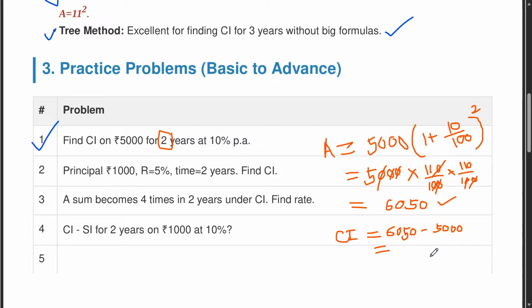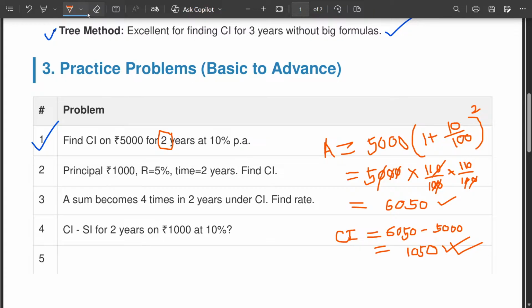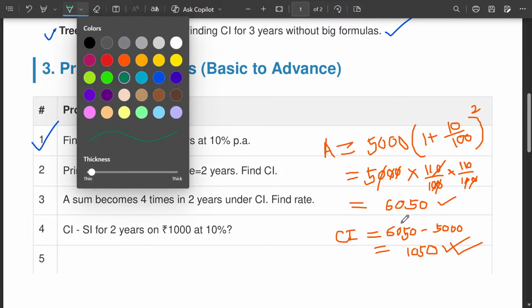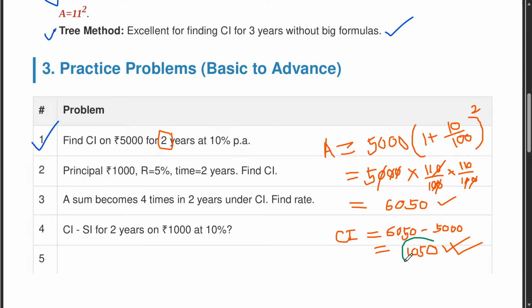So it will be 1,050 rupees. That is the final answer. So what is the CI for this amount for 2 years at 10% per annum? That is 1,050 rupees. Okay, so this is the final answer.